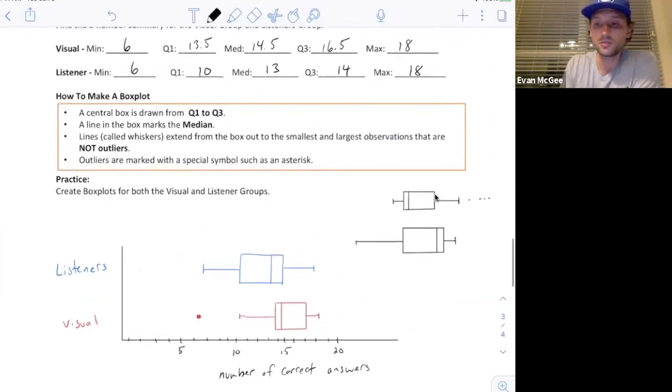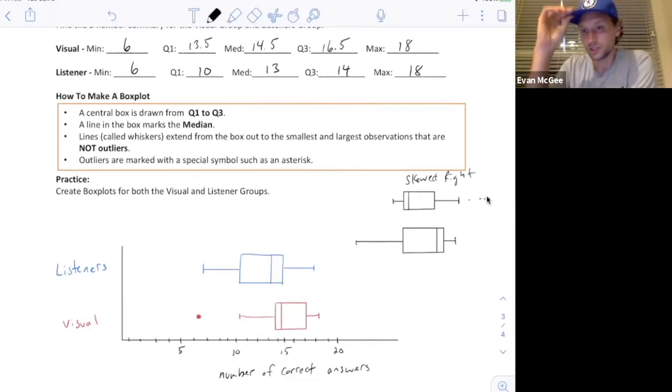I drew these 2 boxes up here just as examples of shape. This first box here, we would call skewed right, because we have this tail being stretched out to the right. These high outliers, there's data going off to the right.